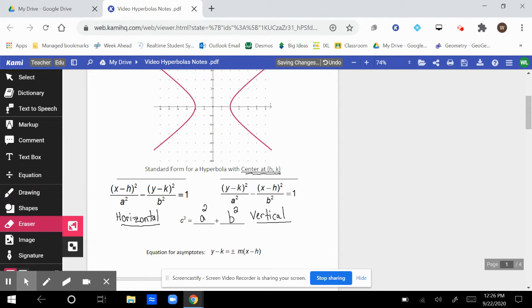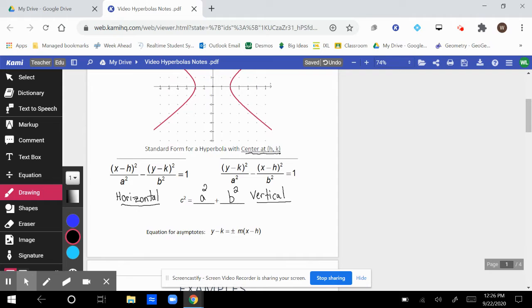Okay, so the next thing is asymptotes. You guys should recognize that word from last year. The asymptotes that you dealt with in Algebra 2 were probably either vertical or horizontal.